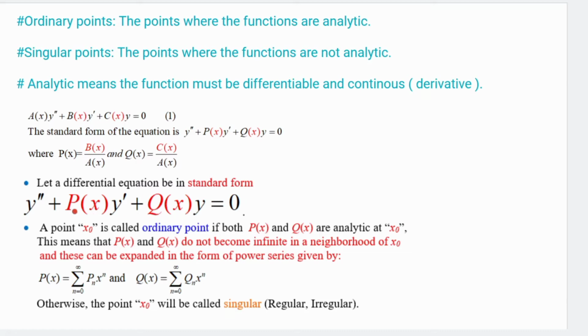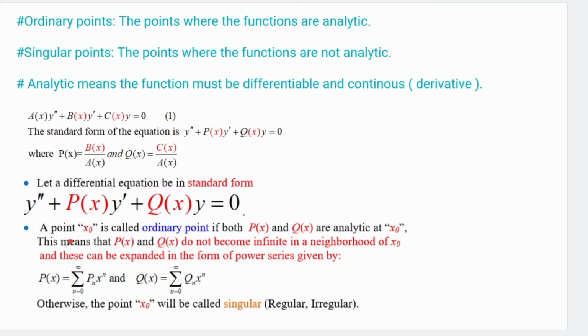Analytic means the function must be differentiable and the derivative must be continuous. Also you have to remember that p of x, q of x analytic means the function must be continuous.